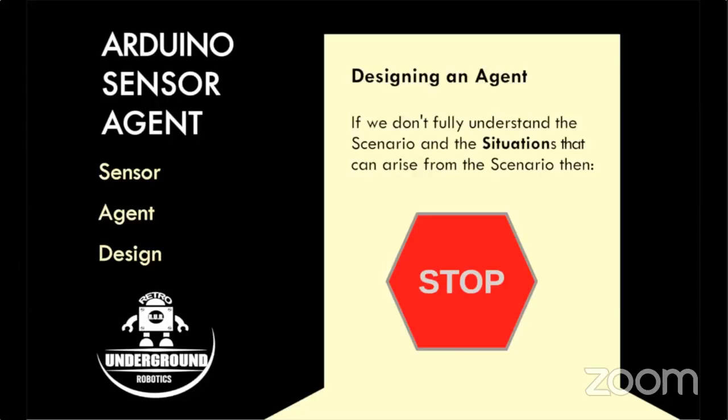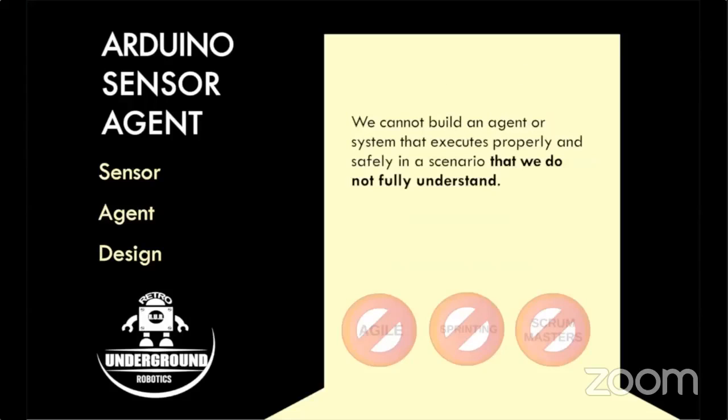Okay, and I'm going to say, look, you cannot build an agent or a system that executes properly and safely in a scenario that we don't fully understand. You just can't do it. Don't even try to do it. You wouldn't be able to prove that your system or your agent is correct, that it will do the right thing under all of the circumstances or situations that can be presented.